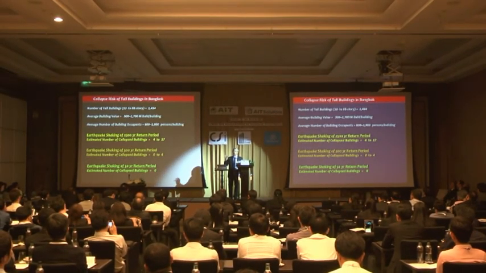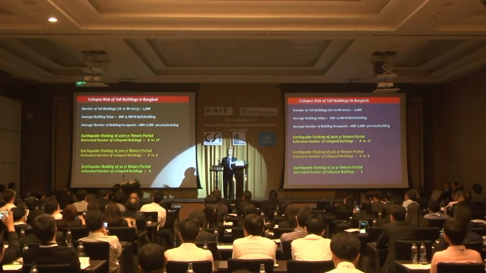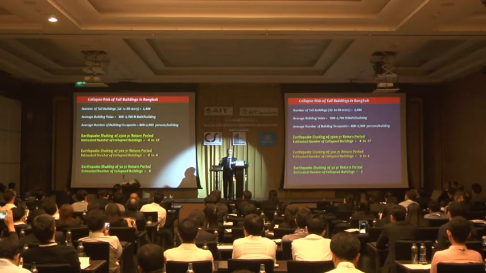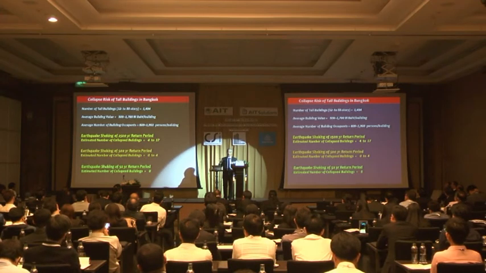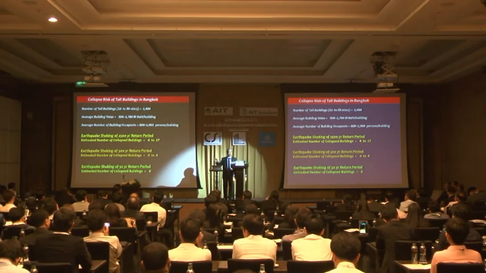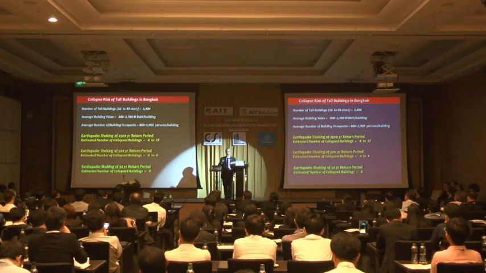So if you look at the whole building population, it's just around 1%. But that can create a major disaster. And together with this, around several hundred buildings will not be functional. That is the type of impact we can expect from a major event.